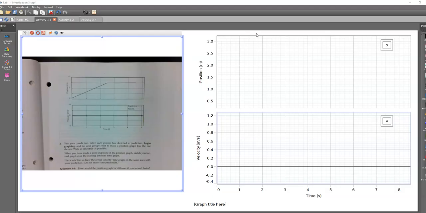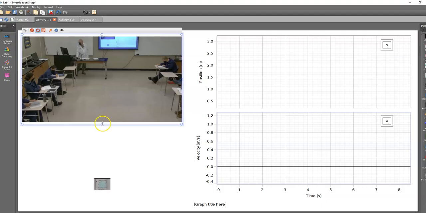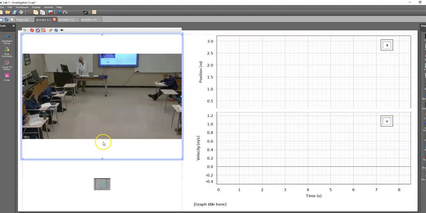Okay, I'll let you do that, and then just for the sake of time, I'm going to go ahead and do the motion. So I'll position myself here. There's the record button right there.